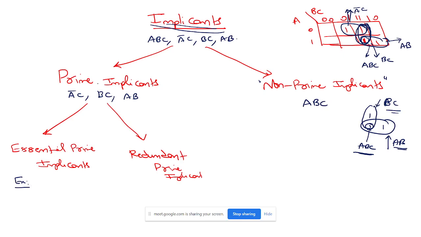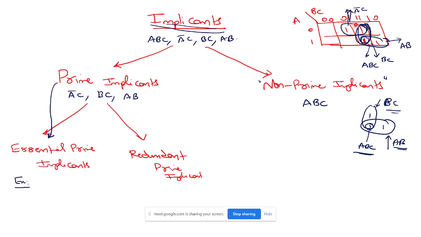Now, what are the essential primes? A prime implicant is said to be essential prime if it has at least a single one which is not present in any other implicant. Let me use the laser pointer.